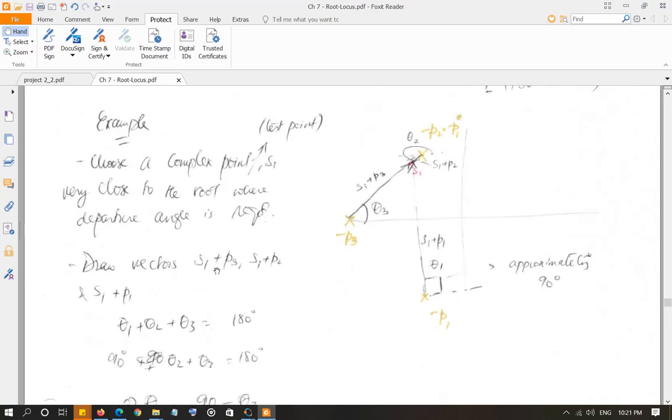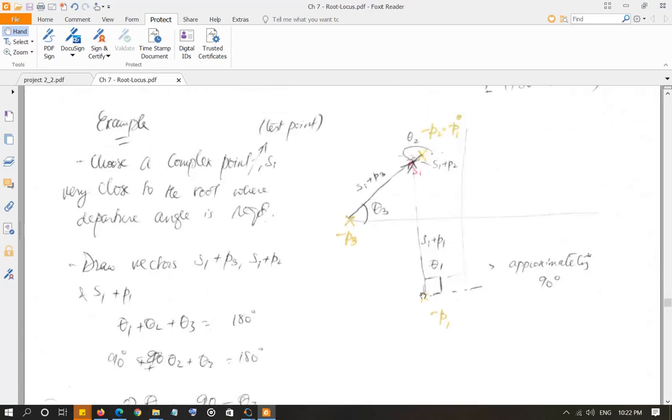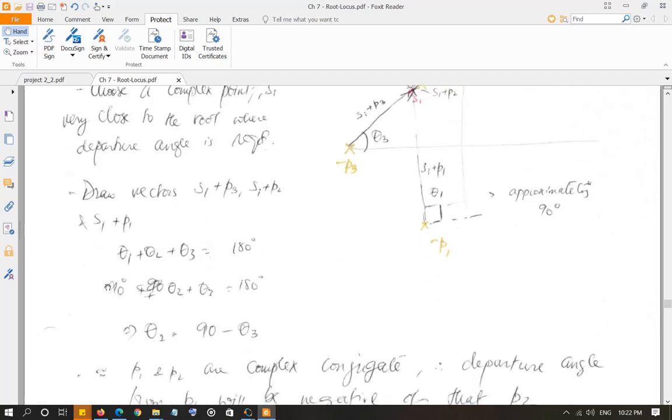So draw vectors s1 plus p3, s1 plus p2, s1 plus p1. This is the point s1. And then we add up all the angles, and they should be equal to 180 degrees. So we know the angle over here is, let's say, 90 degrees, going from p1 to that point approximately, because p1 and this are complex conjugates. So that's 90 degrees.